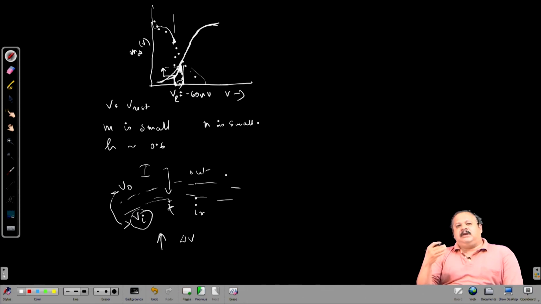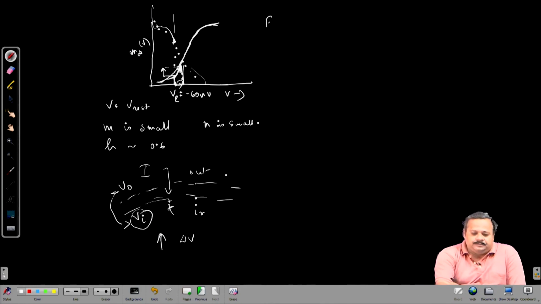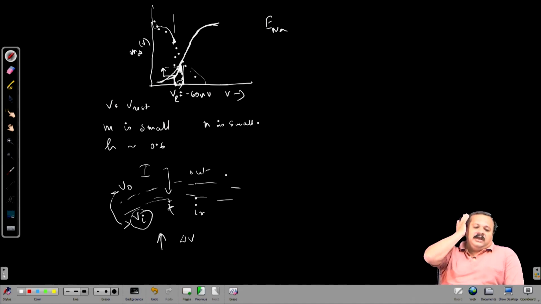So, with this increase in voltage, there is an opening of more sodium channels, and as you know, if the membrane potential is different from ENa, and if there is a path available for sodium to flow across the membrane, then sodium will flow in a direction such that the potential is pulled towards ENa.